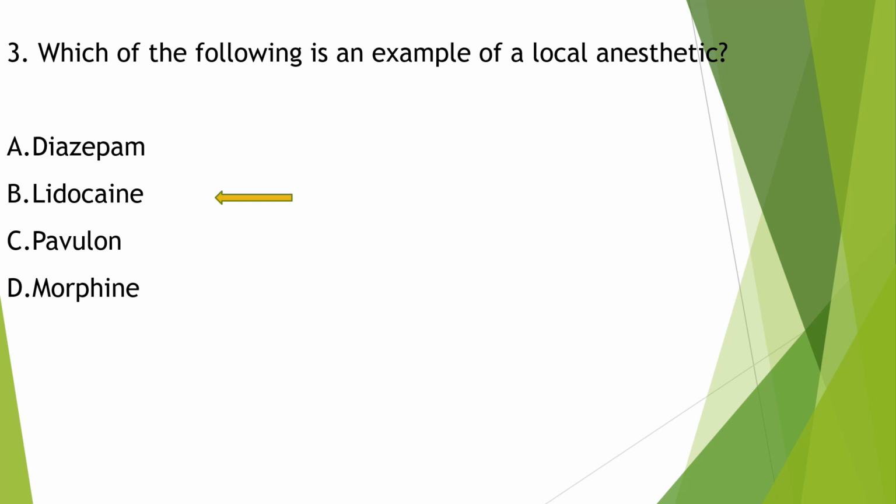The maximum dose which we can give is 2 mg per kg, and it provides excellent post-operative analgesia. And one more point I would like to add is both lidocaine and bupivacaine are mostly mixed with epinephrine for its vasoconstrictive effect to help control bleeding at the procedure site, and it also prolongs the action of the medication.